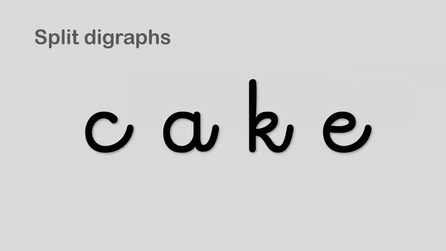So now I'd like to come back to these split digraphs. On the page where we thought about all the different ways to spell the sound A, one of the words on there was cake. So I want to have a look at the phonemes in cake. So we can hear k, a, k in cake.